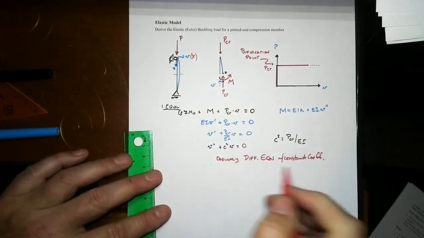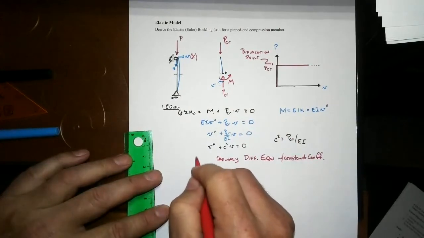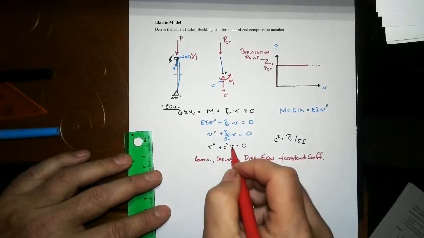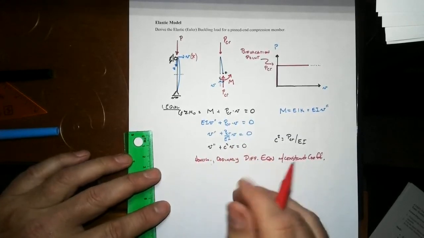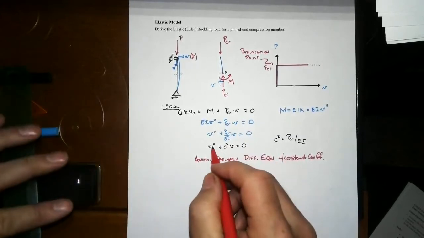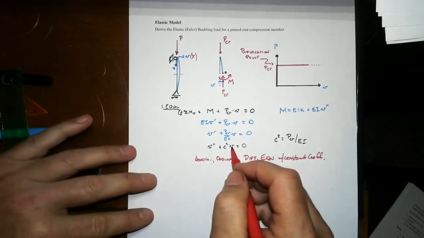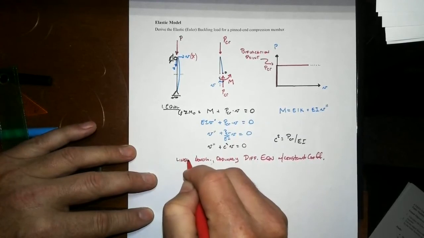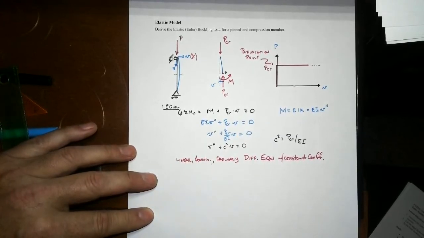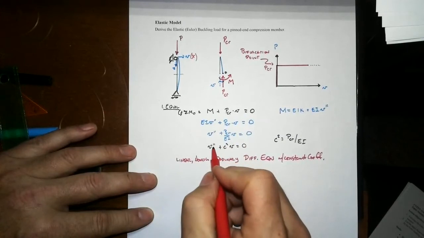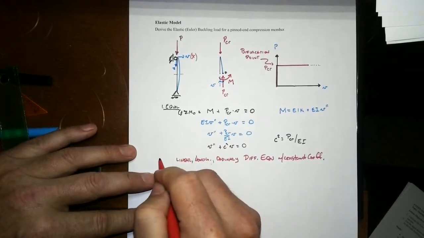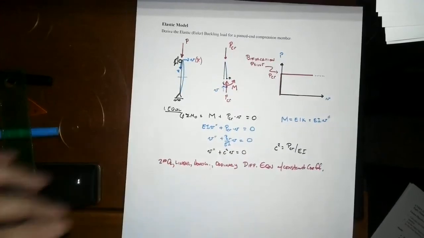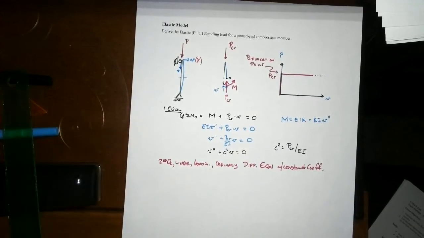It is all set equal to 0, so it's a homogeneous ordinary differential equation. The function, little v, has all to the first power. We don't have any squaring operation on the v itself, so that makes it a linear homogeneous ordinary differential equation with constant coefficients. And because the highest order derivative that we have there is the second, that makes it a second order linear homogeneous ordinary differential equation with constant coefficients.